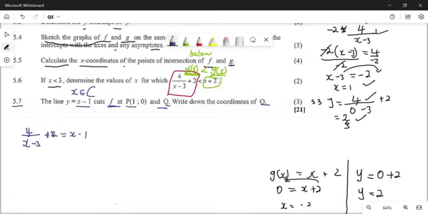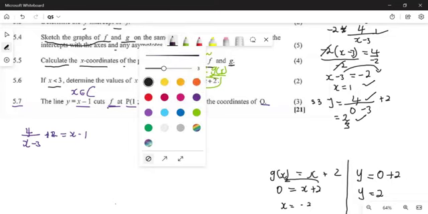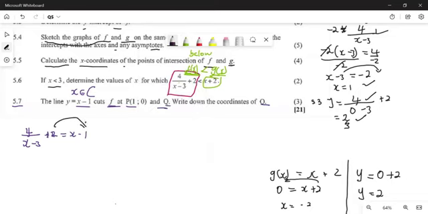What should I do first here? Transpose. So I'm going to take this 2 to the other side. I have 4 all over x minus 3, which is x minus 1 minus 2. What should I do from here? Like terms.